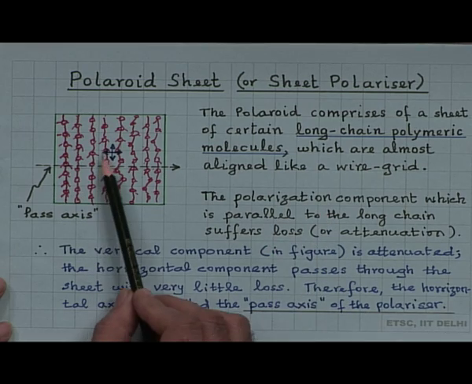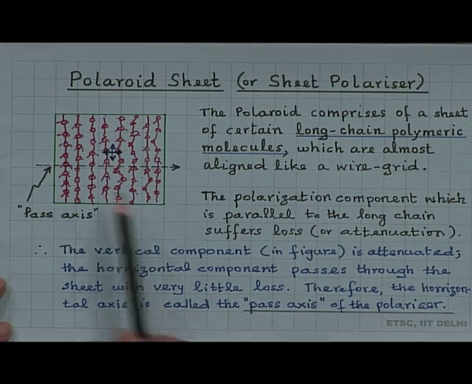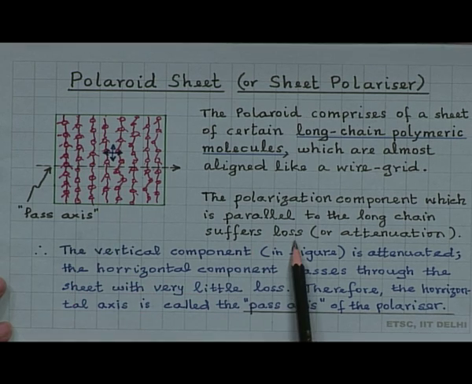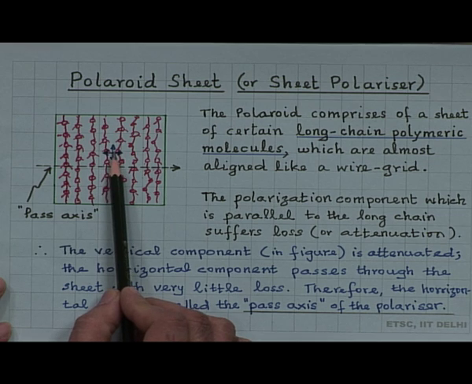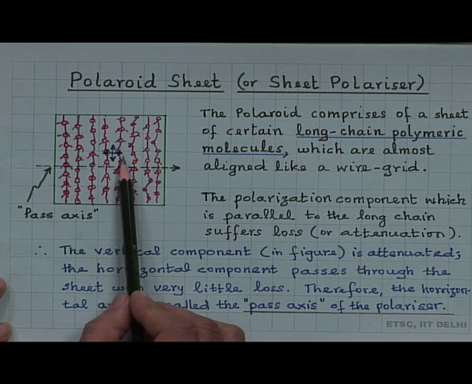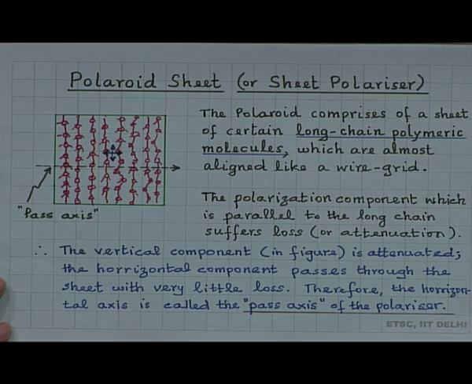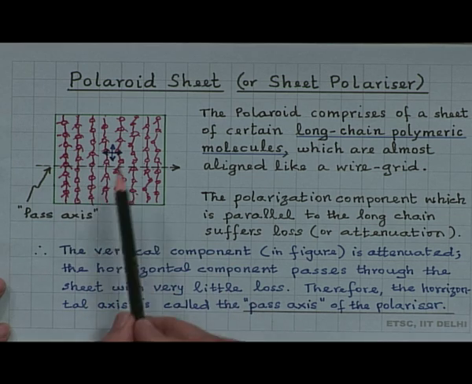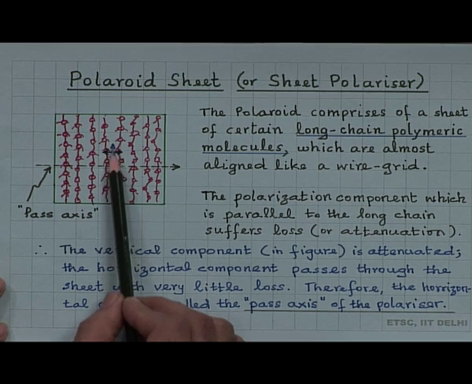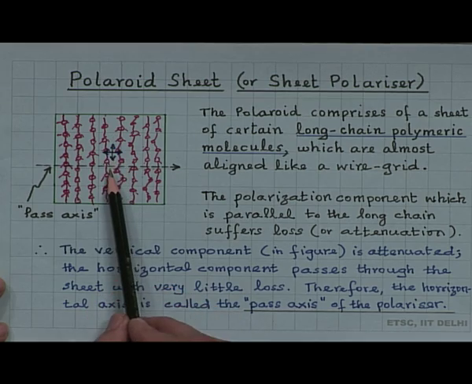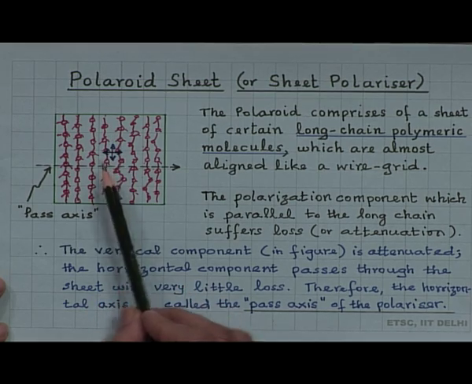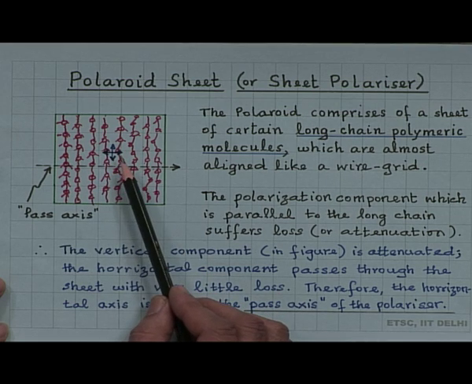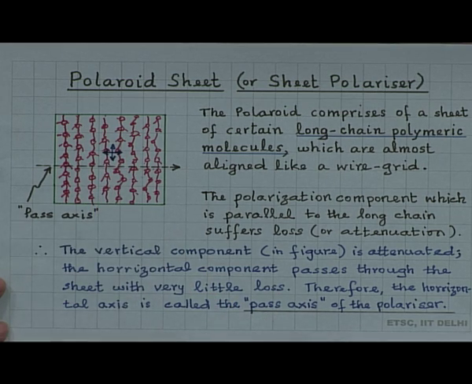The polarization component which is parallel to the long chain suffers loss or attenuation, whereas the component which is perpendicular hardly suffers any loss. This means that if you incident unpolarized light here, then this component will pass through with very little loss, but the other component will be highly absorbed or highly attenuated. So, on the other side of the sheet, what you will get is a polarized output.